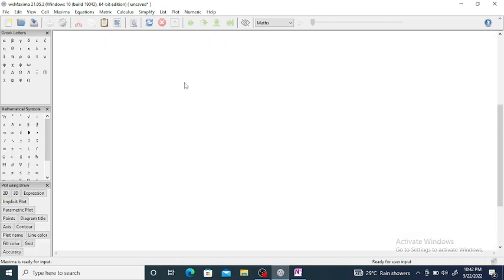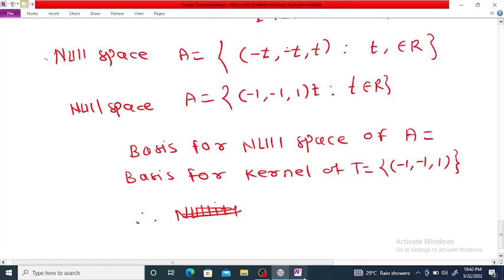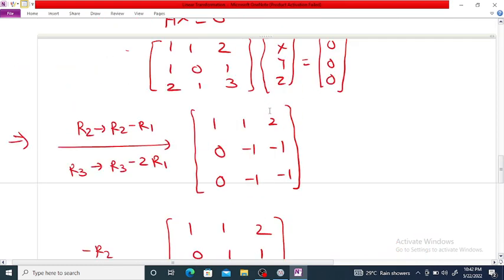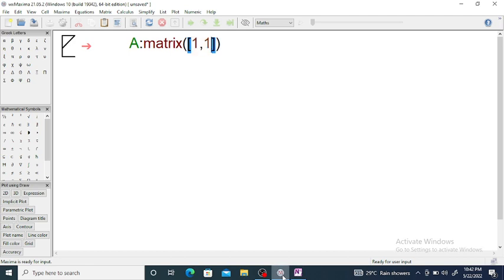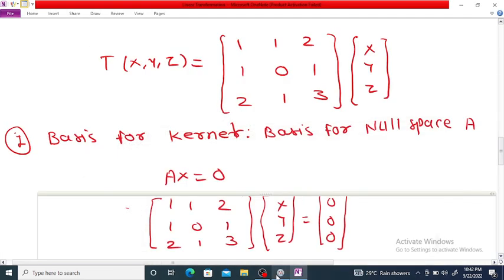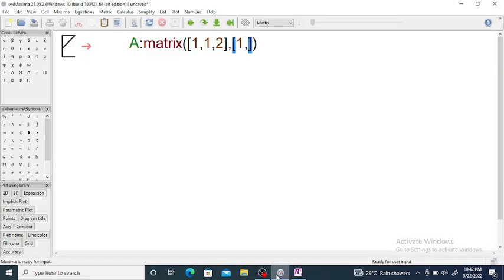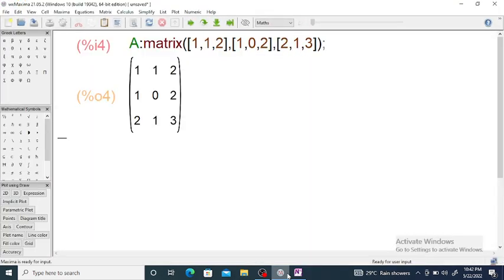To enter a matrix, just write down A equal to the matrix, the first row is 1 1 2, the second row is 1 0 1, and the third row is 2 1 3. So now this is the matrix A.